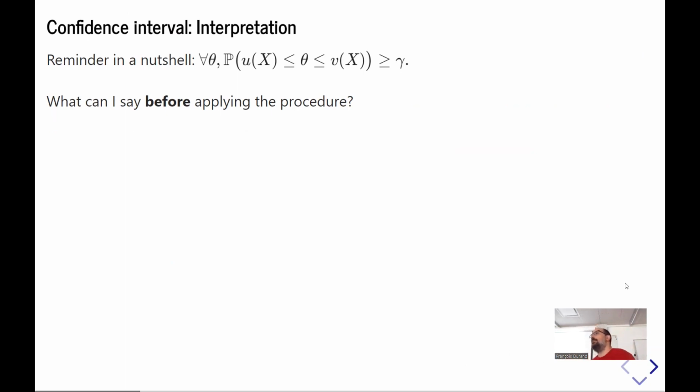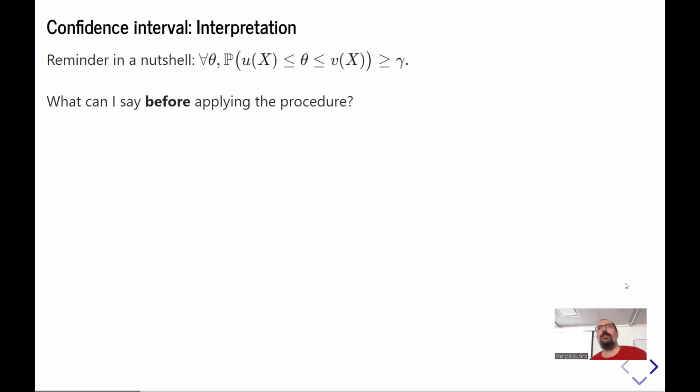So in terms of interpretation, before applying the procedure, what do you think you can say? Yes, that's essentially a reformulation, but yeah, that's it.